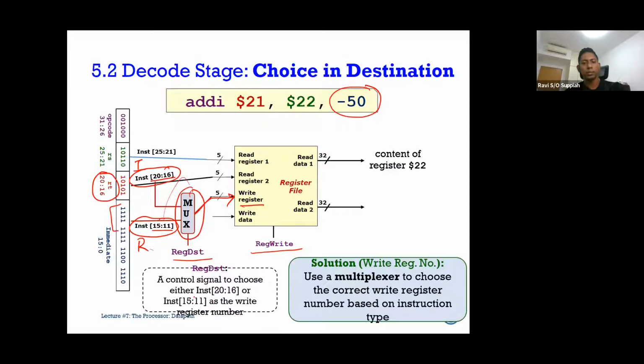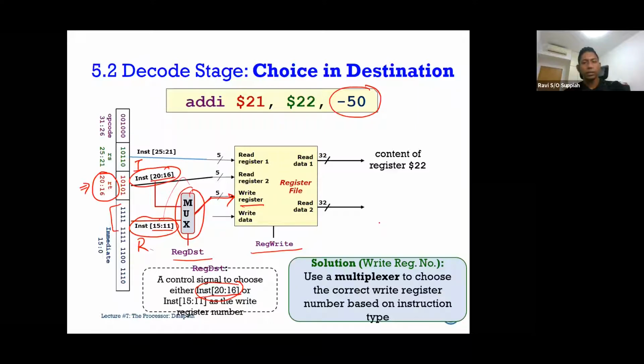For example, this 20 to 16 means I'm talking about the bits 20 to 16 from the instruction. The instruction is 32 bits, correct? But we already know that different bits represent different parts of an instruction, and it also depends on the type of instruction you're dealing with.